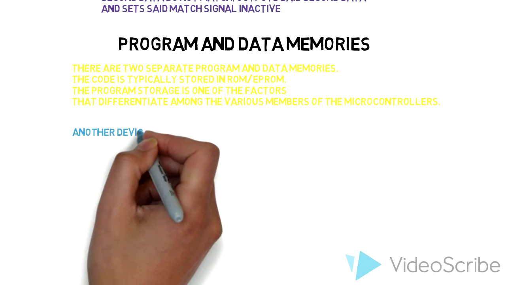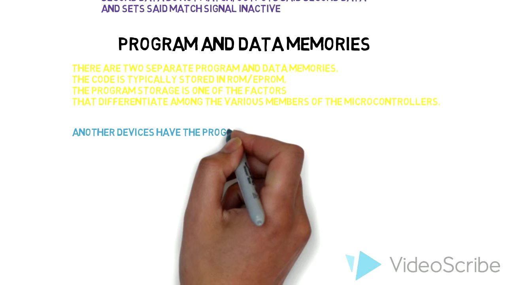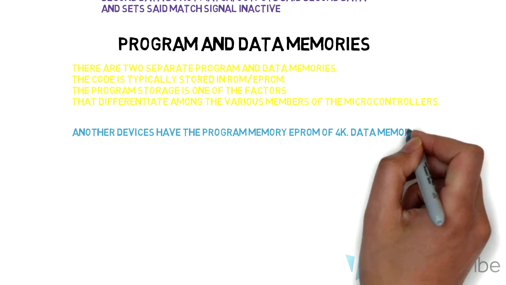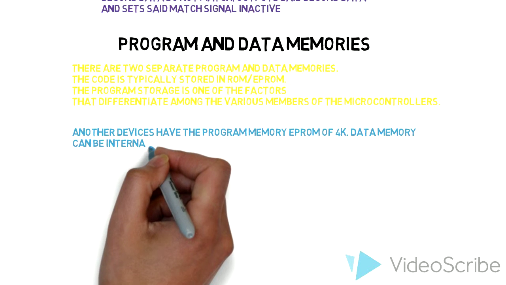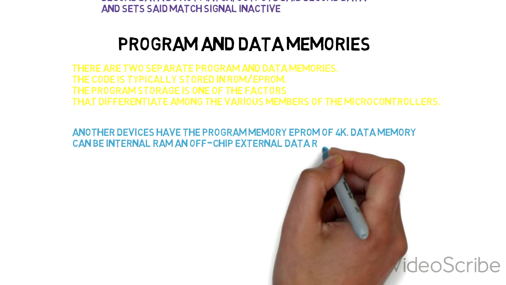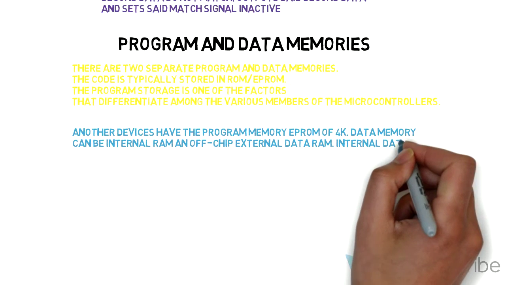Other devices have the program memory EEPROM of 4K. Data memory can be internal RAM and off-chip external data RAM. Internal data RAM, for example, in the 80C51 is 128 bytes.